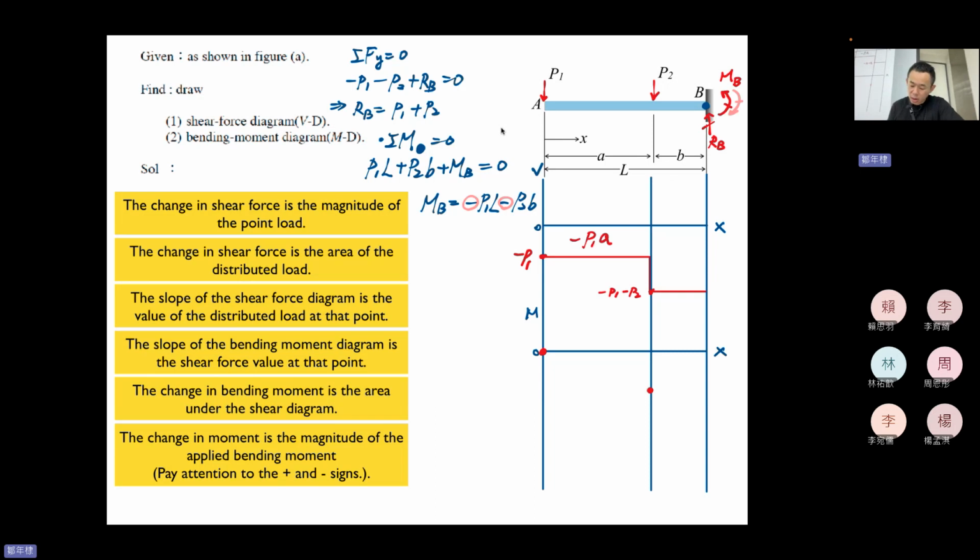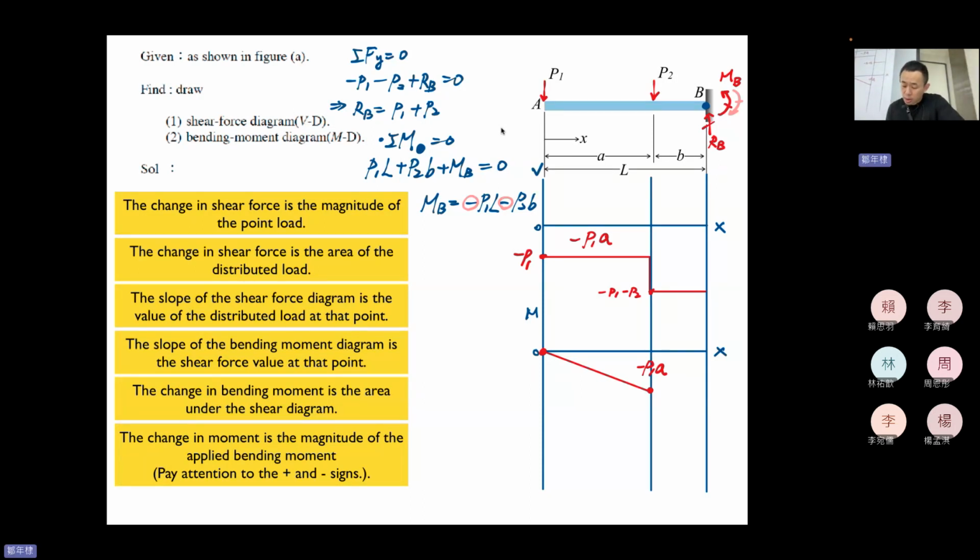The area. So this is minus P1A. How do we connect these two dots? Because the value of the shear force is constant, they are connected by a linear slope.